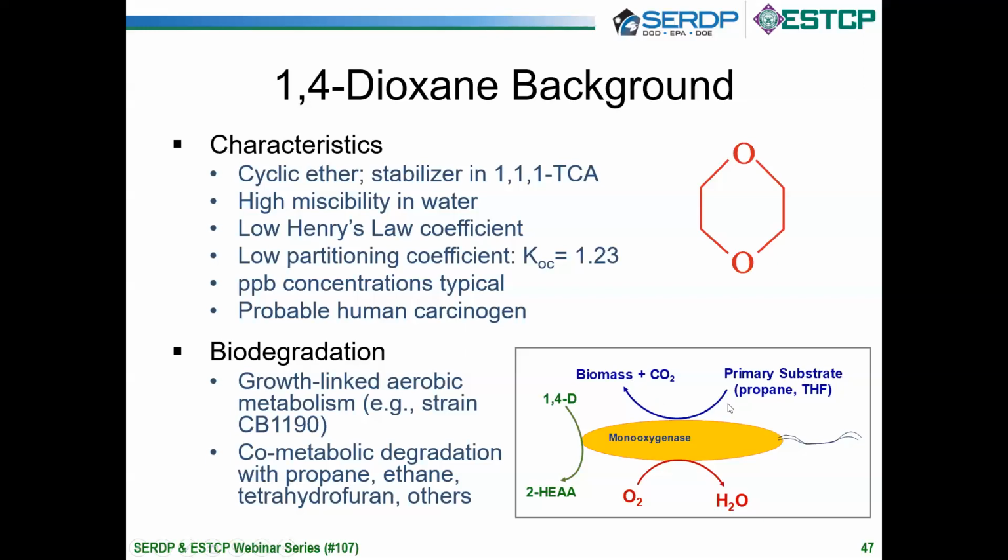And they grow on these, so they form biomass and CO2, but this enzyme, or sometimes multiple enzymes that they generate, are what we'll call promiscuous, so they can degrade other things. And there are a number of these that can degrade 1,4-dioxane, and they take it through to an intermediate. The only difference in some respect between these organisms and those that can grow on the compound is whether or not they can further metabolize this intermediate, which also tends not to be particularly persistent.